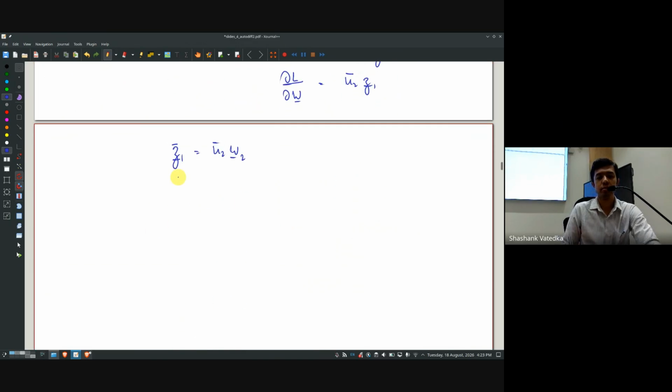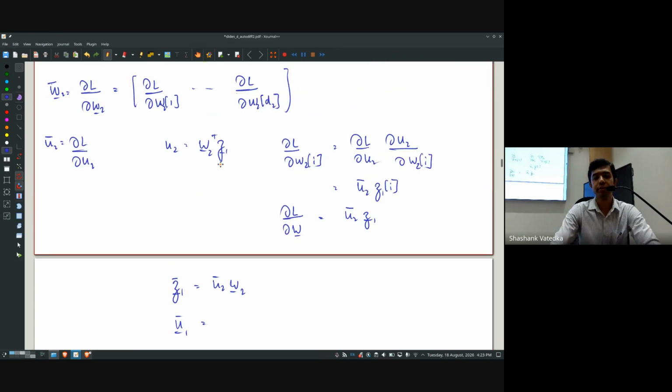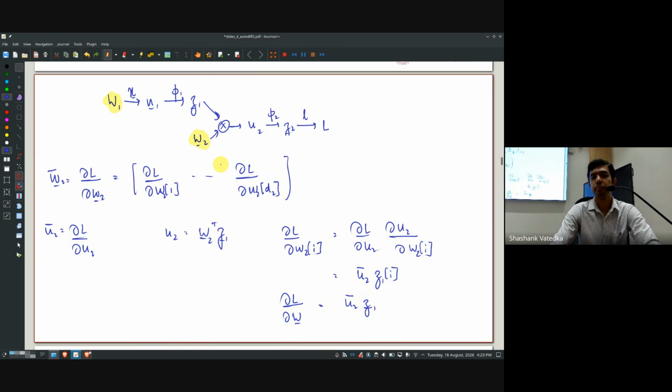And U1 bar, can you tell me what U1 bar should be? So I have Z1 bar, which is the partial derivative of L with respect to Z1.